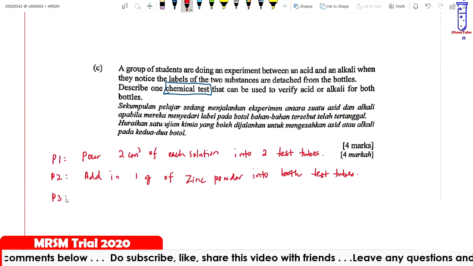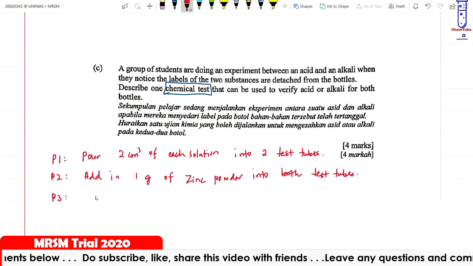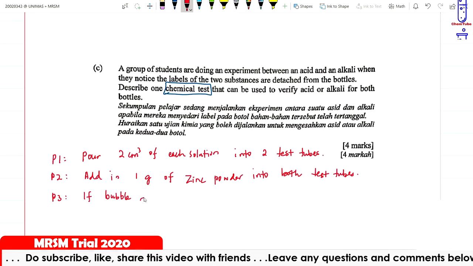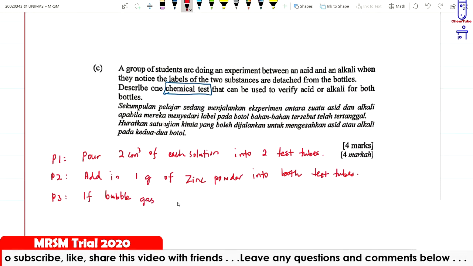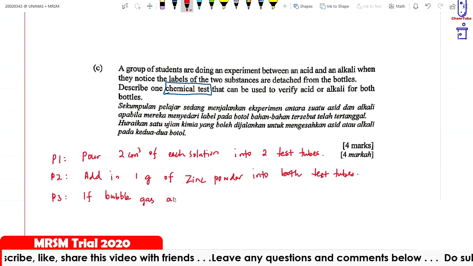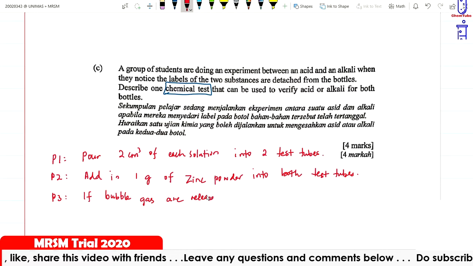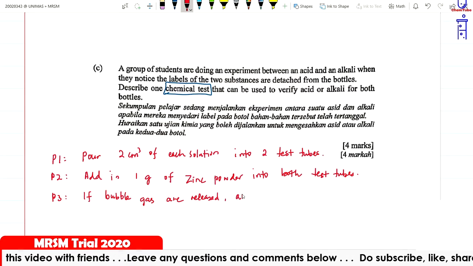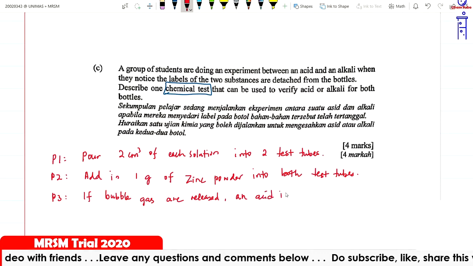Point number 3. Okay, if bubble gas is released, meaning that an acid is present.